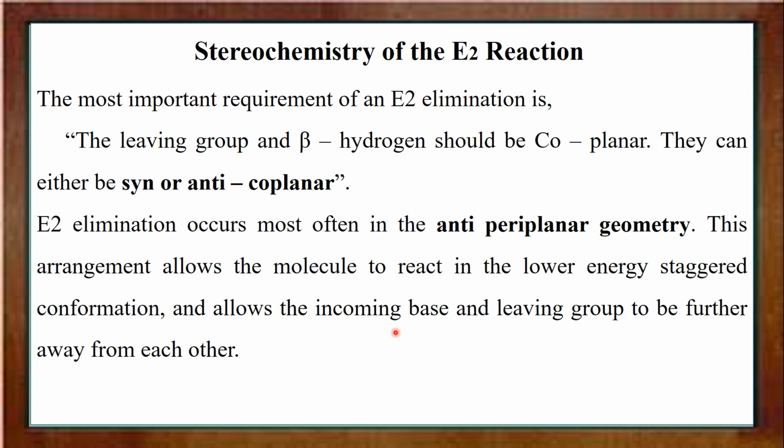Therefore, the incoming base, which is abstracting the proton, and the electron-rich leaving group are away from one another. So there is no possibility for any kind of repulsion between the base and the electron-rich leaving group.